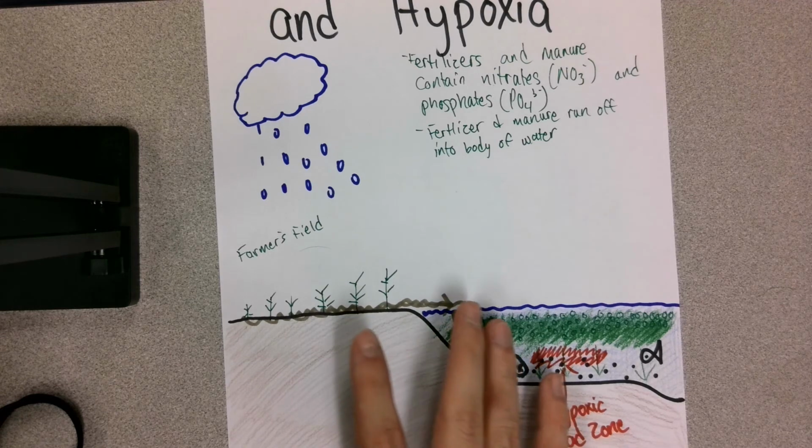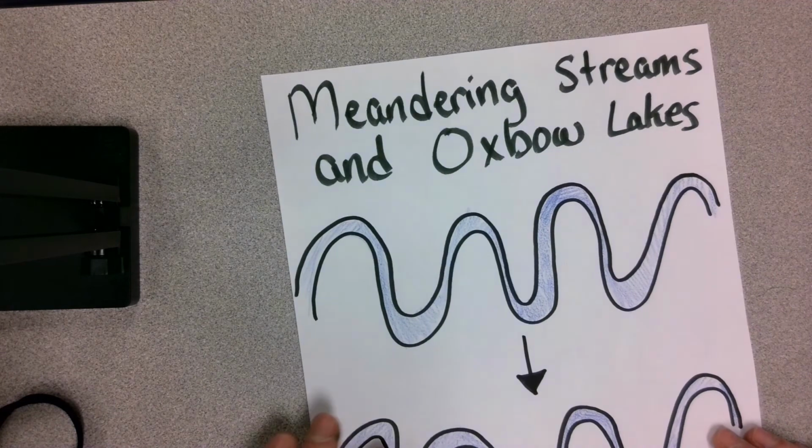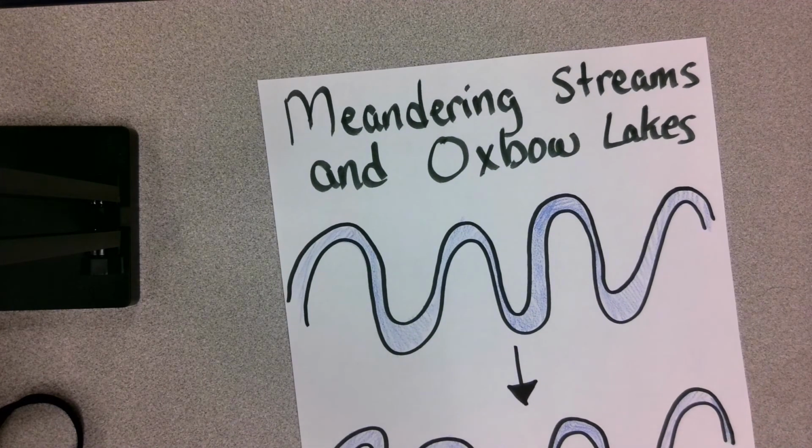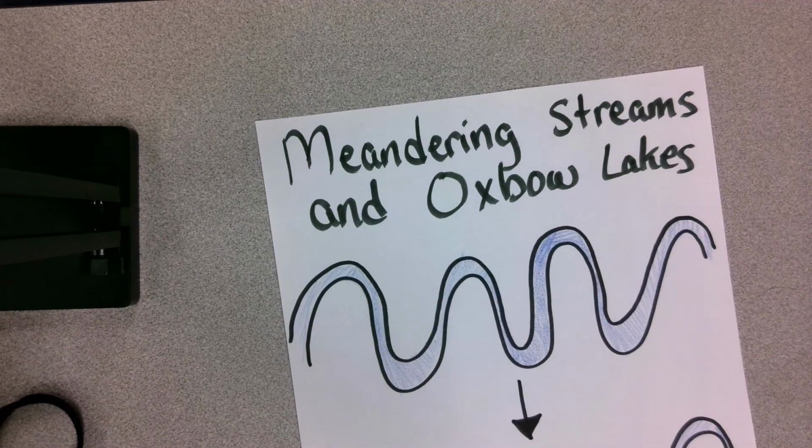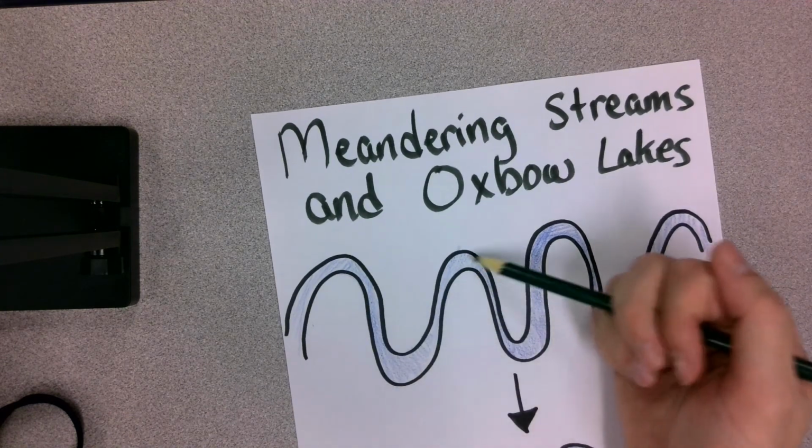Alright, so now we can move on to something else that's actually probably a little bit happier. Alright, these things are called meandering streams and oxbow lakes. So what's really interesting is that the normal natural way for a river or a stream to flow is through these, I want to say sigmoidal, but that's kind of a big word. So these S-shaped curves, all right?